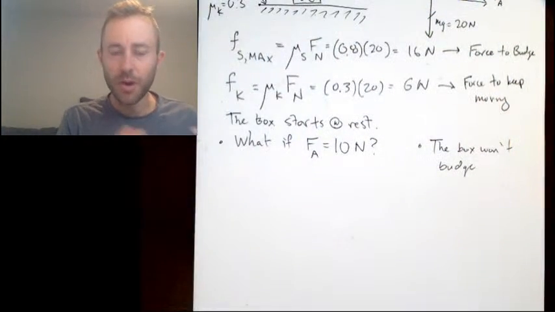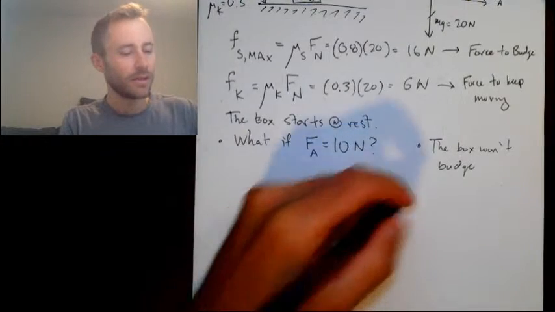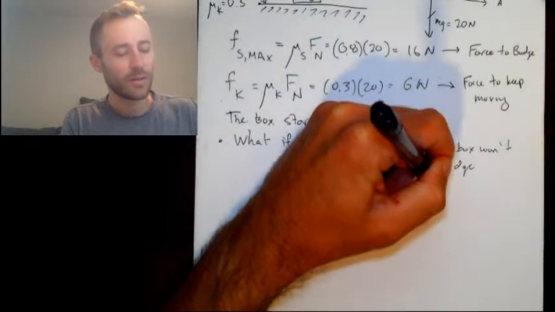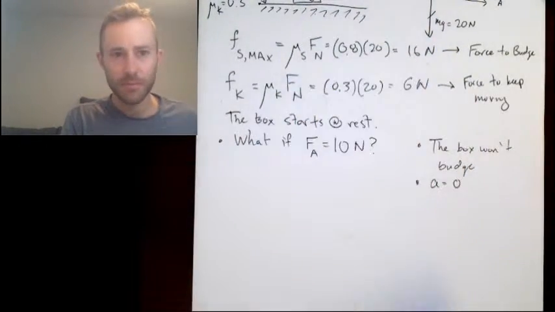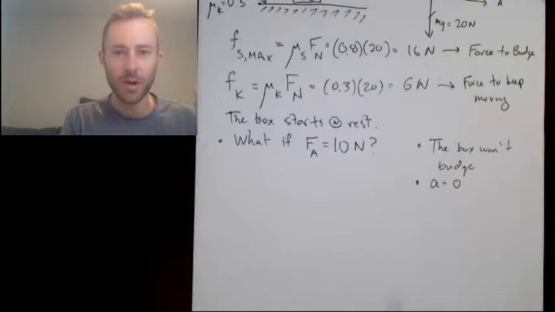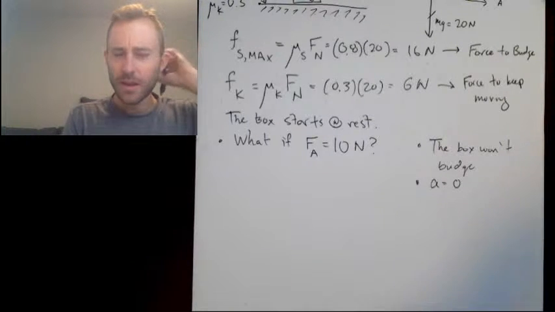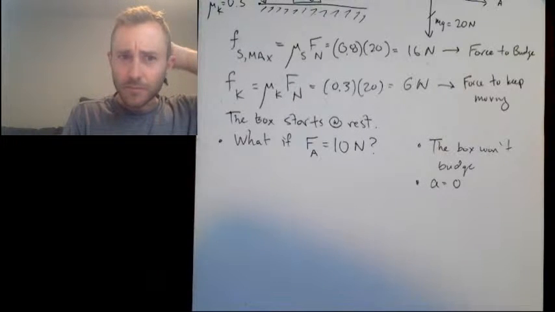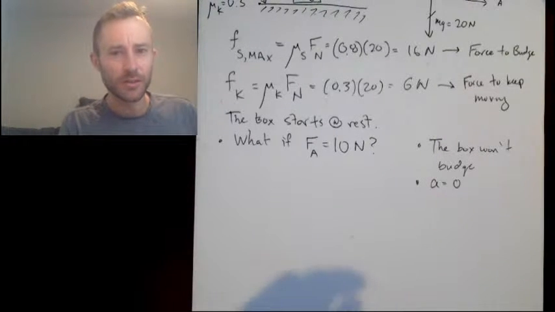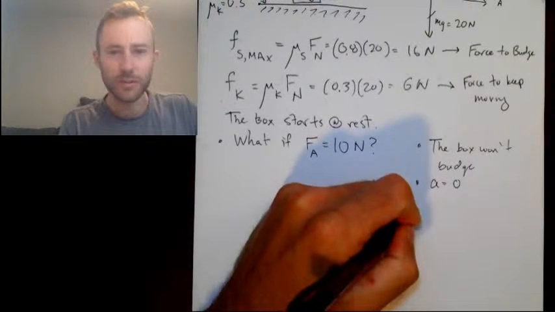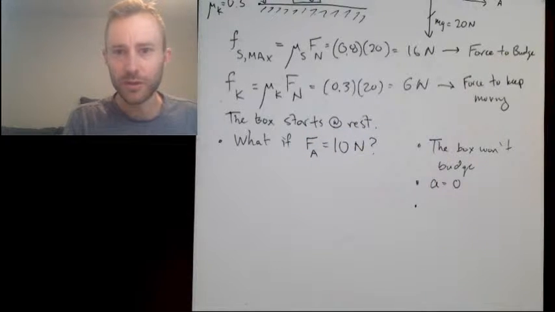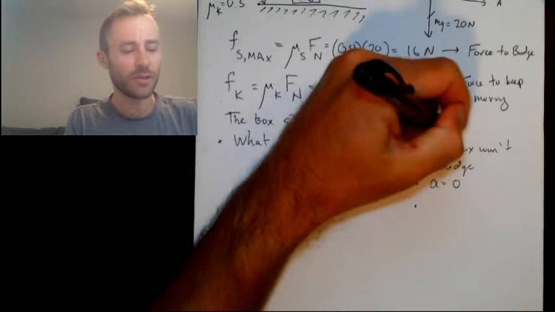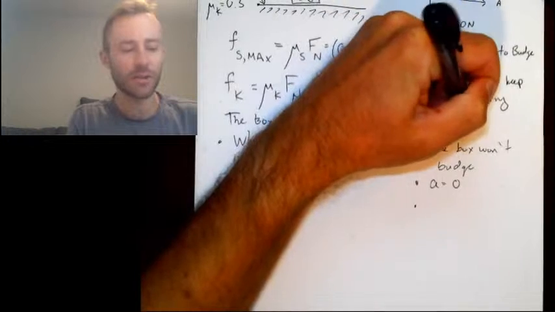Another way of saying the box won't budge is that the acceleration is 0. No acceleration of the box. So the box doesn't budge, so that means we have static friction.